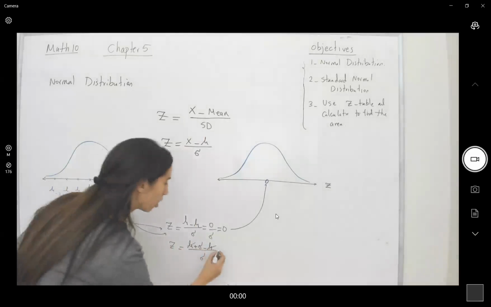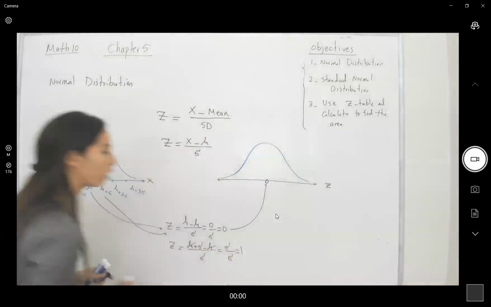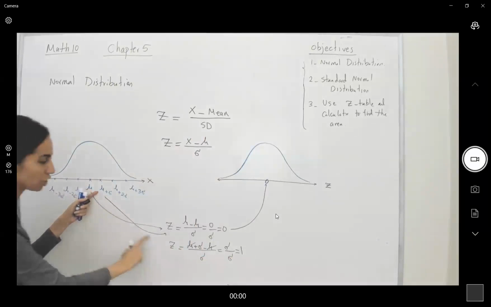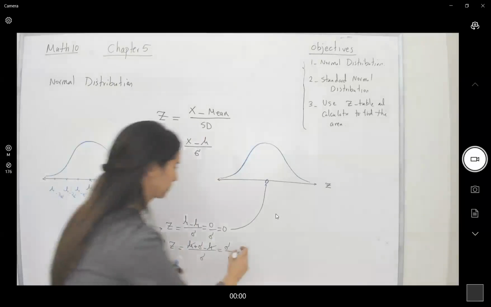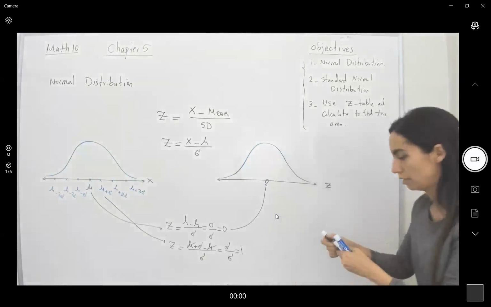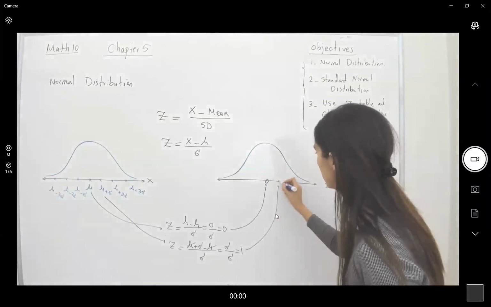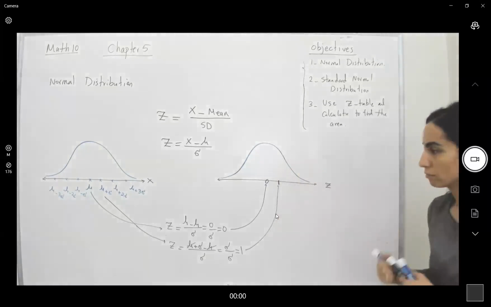You get sigma divided by sigma, which is equal to 1. So my next number, which was mu plus 1 standard deviation, is now just 1. This is just 1. Okay.